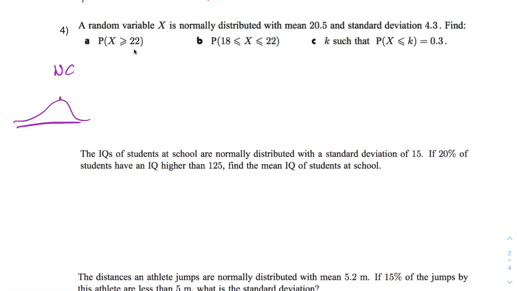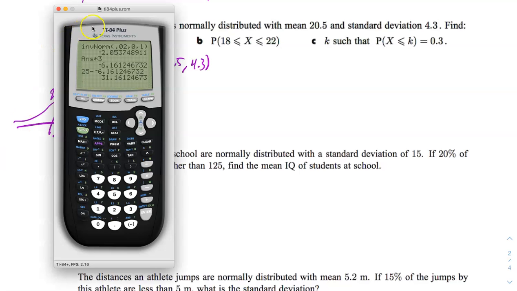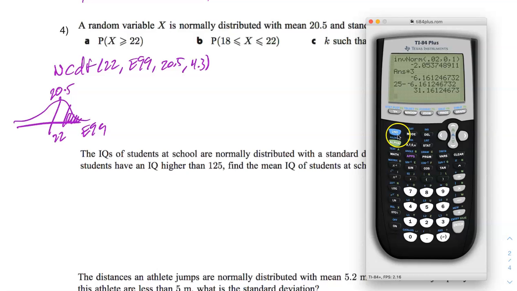My mean is 20.5. I want bigger than 22, so 22 to E99. So it's normal CDF: 22, E99, 20.5 and 4.3. Plug this all in. Second distribution.